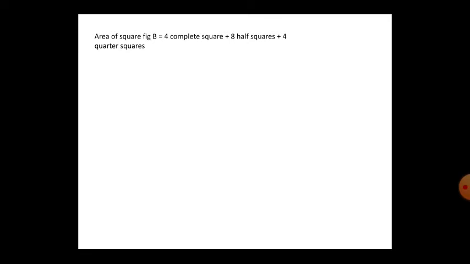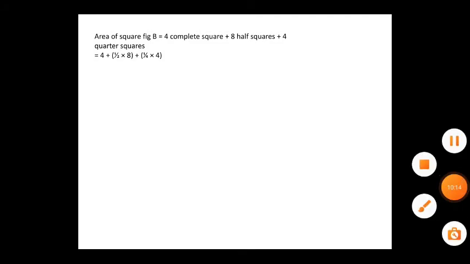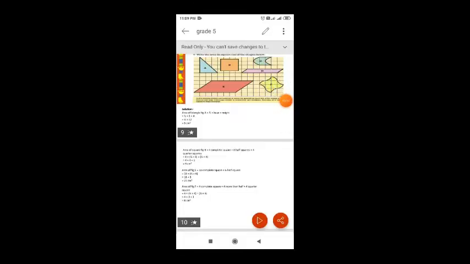Like that only, area of a square. See, figure B is a square. What is the formula?